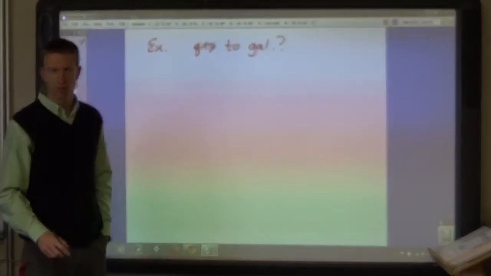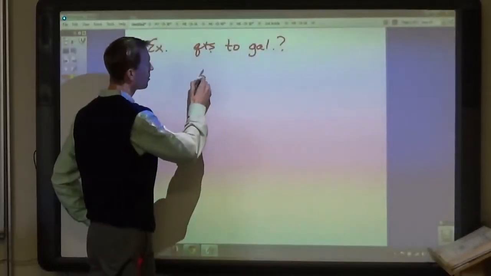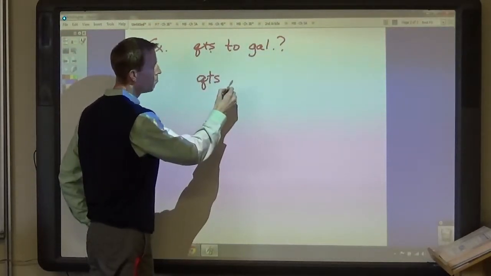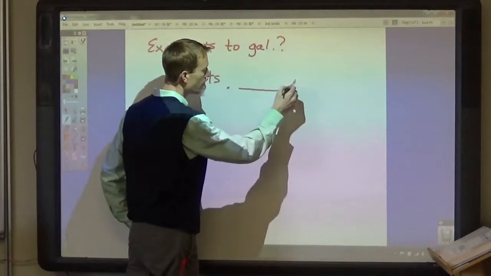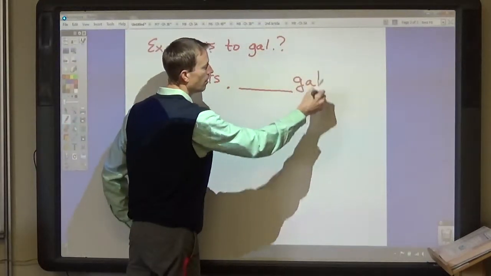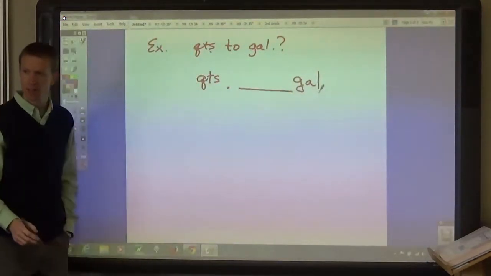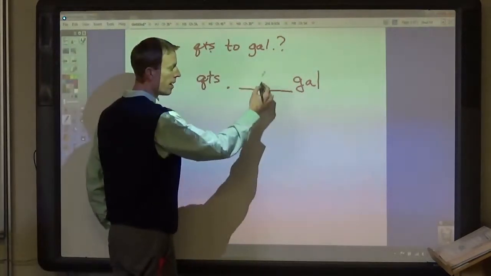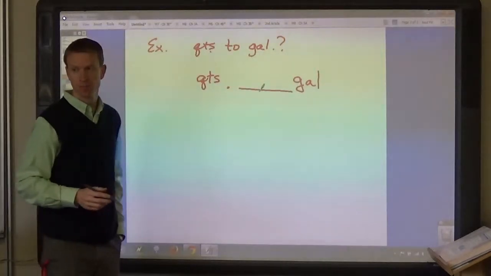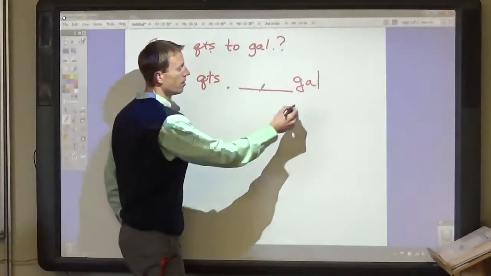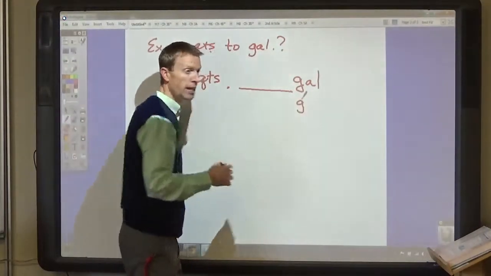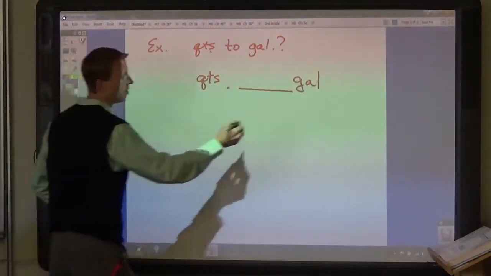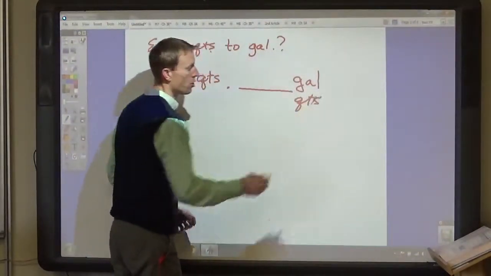Well, if you have quarts, what you want to do is multiply in order to get to gallons, right? And if you multiply by a fraction that is equal to the same amount, then you know that you have the right conversion.